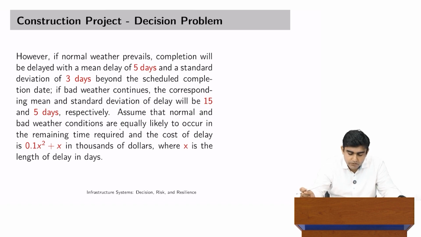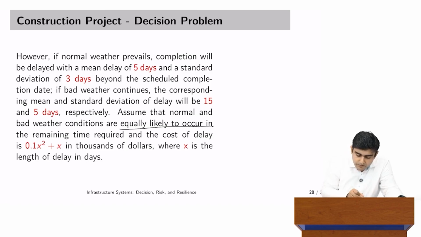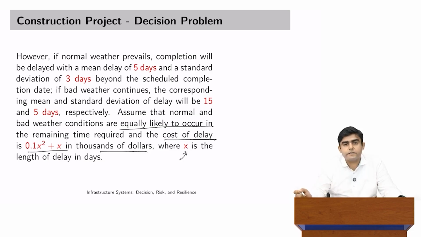And if bad weather continues, the corresponding mean and standard deviation of delay will be 15 and 5 days respectively. And we can assume that normal and bad weather conditions are equally likely to occur, and the cost of delay is 0.1x² + x in thousands of dollars, where x is the length of delay in days.